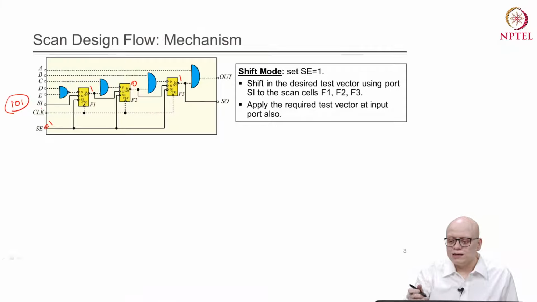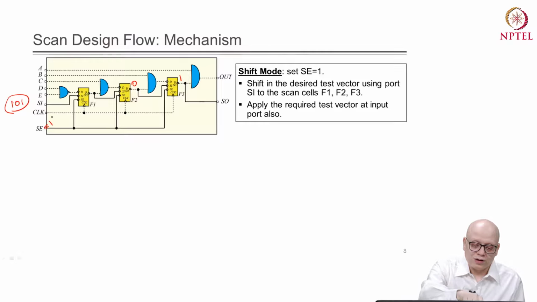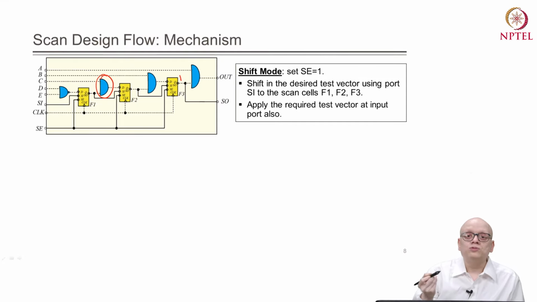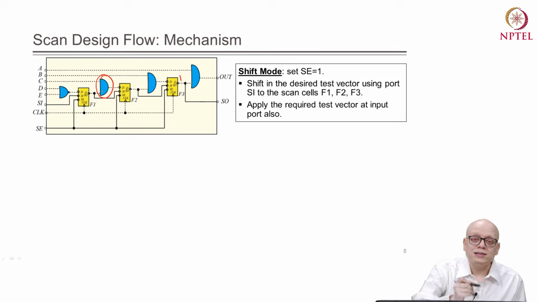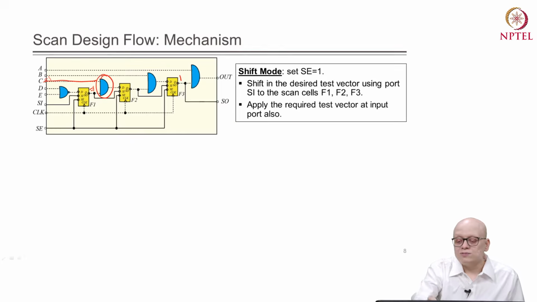Then we apply the required test pattern at the input port also. Suppose we want to test this AND gate, and we want a test pattern of 1, 1 to test it. For that we will need to make Q equal to 1 and also C equal to 1. That is why we said that we apply the required test pattern at the input port also.